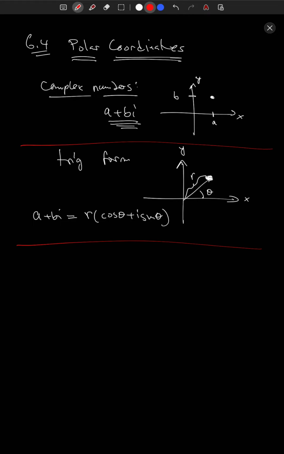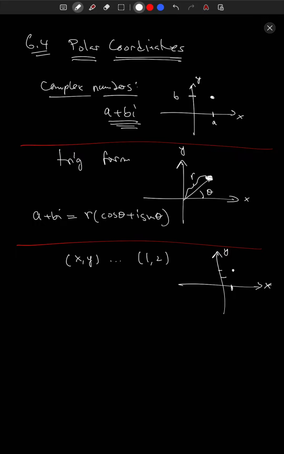polar coordinates is a similar idea. The regular Cartesian or rectangular coordinates that we normally use, like x comma y, or for example 1 comma 2, you just count: the 1 is 1 step to the right, the 2 means 2 steps up, and that describes a point in the plane.